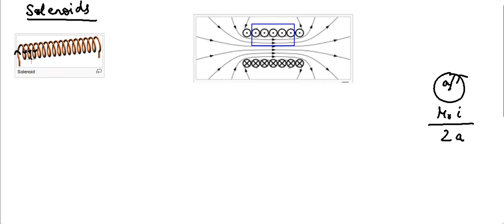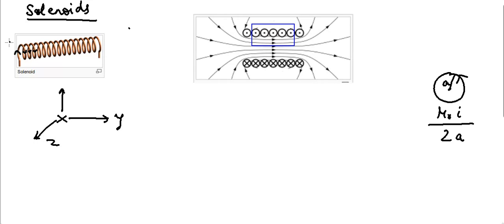Okay, so if I take a cross section, I cut this, suppose this is the x plane, this is the y plane, and the plane which is coming out towards your screen is the z plane.